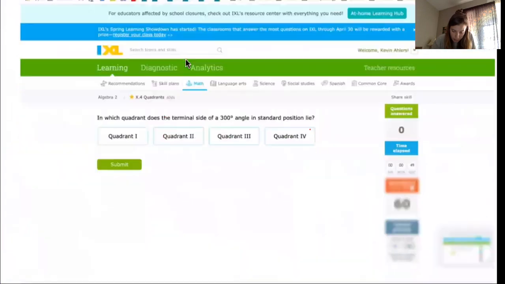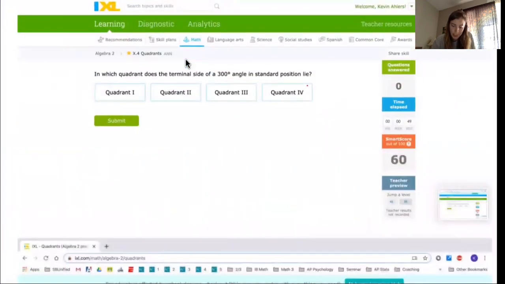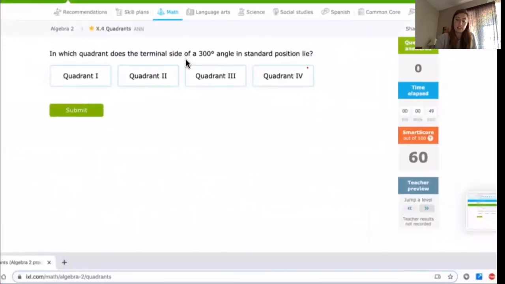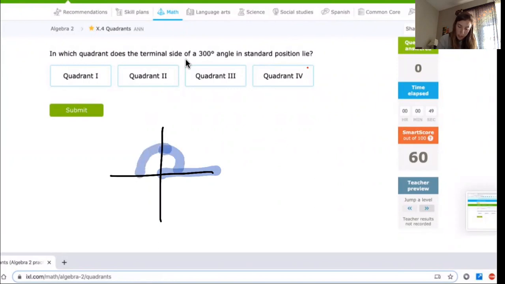Okay, which quadrant does the terminal side of a 300-degree angle lie? So I'm going to draw another little visual again because that helps me. So here's my x-axis, my y-axis. Here's my initial side of my angle. Okay, there's 90. Here's a 180-degree angle.